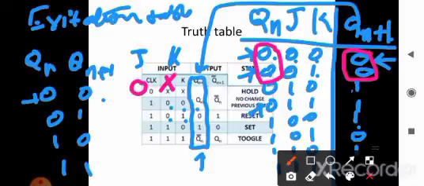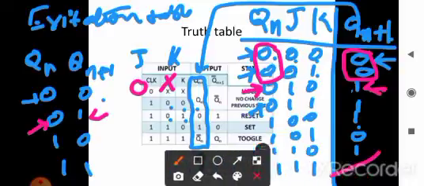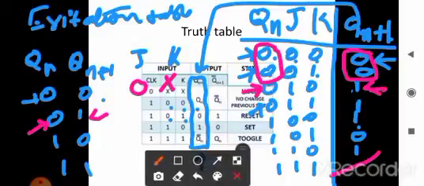When q1 is equal to 0 and q1 plus 1 is equal to 1, so this condition, q1 is equal to 0 and q1 plus 1 is equal to 1. So what is 1 and 0? Is there any other condition like this, the same condition? Can you see? No, you cannot see like that.